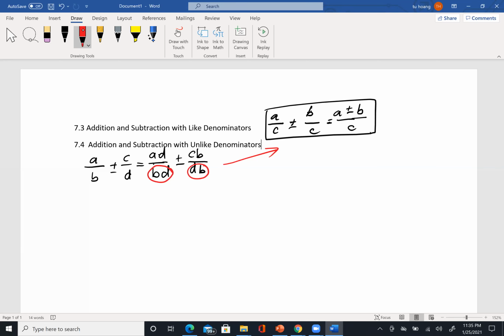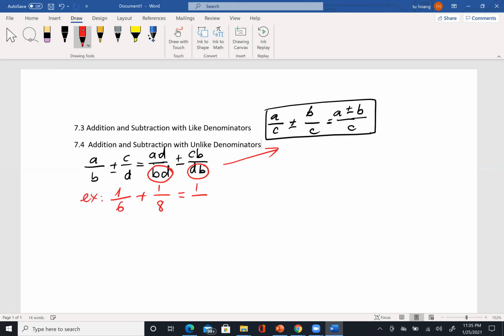Let's say the example 1 over 6 plus 1 over 8. You can think about making both of these terms have the same denominator.